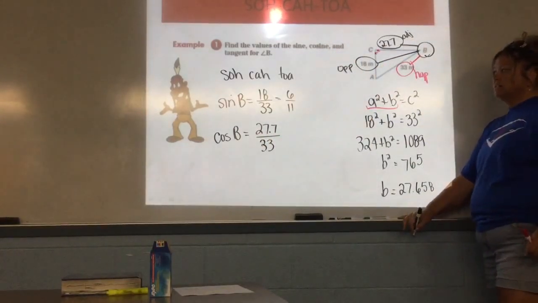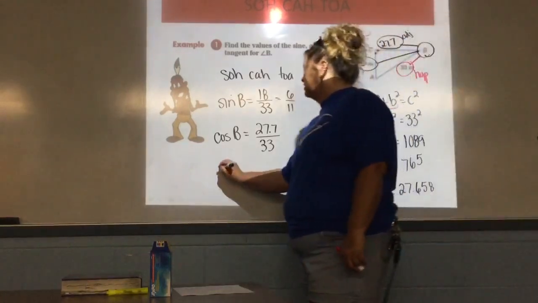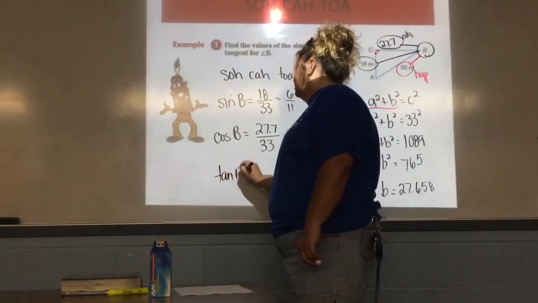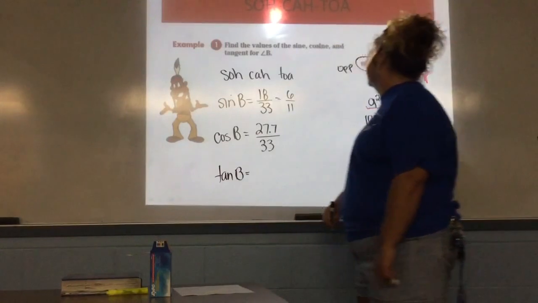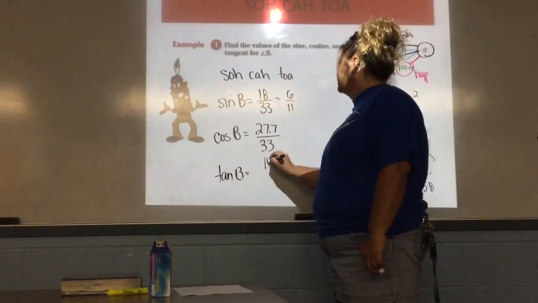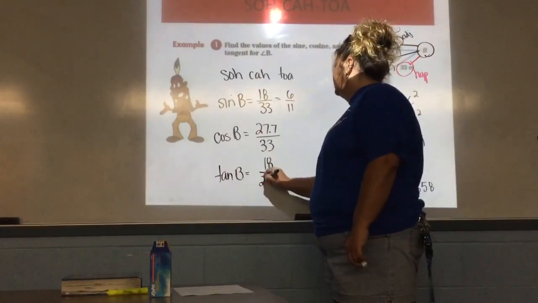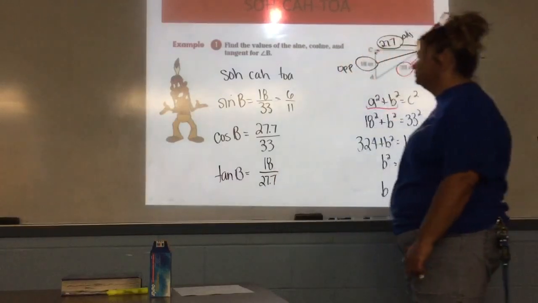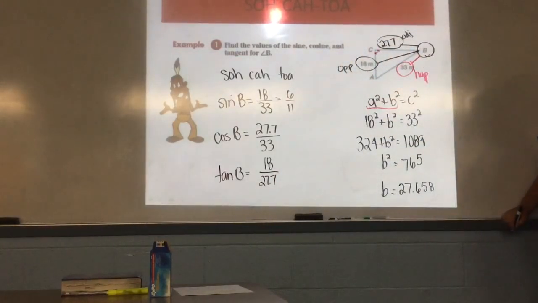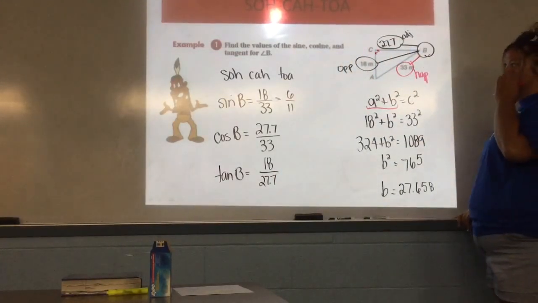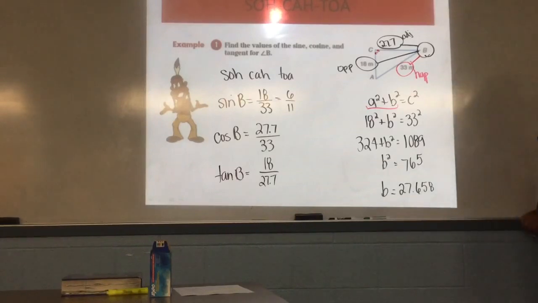All right, what about tangent? Tangent's what over what? Opposite over adjacent. Okay, so what's opposite in this one? 18. And adjacent? 27.7. Good. So we found all the values for sine, cosine, and tangent.